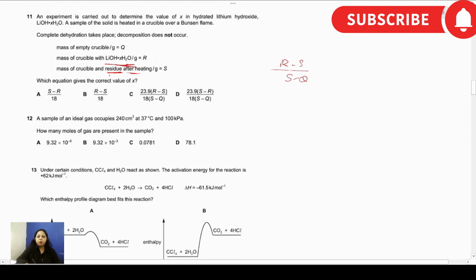The mass of water is 18, so here we have 18, and the mass of lithium hydroxide would be: lithium is 7, and then 16 and 1, which is 24. Okay, it would be 23.9. So our answer would be C.